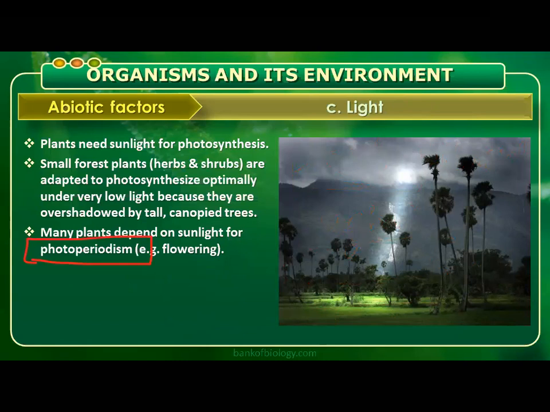You might know that some plants flower only during summer. What do you call them? Long day plants. That means in summer we have a long day. Some plants flower only during winter. We call them short day plants.